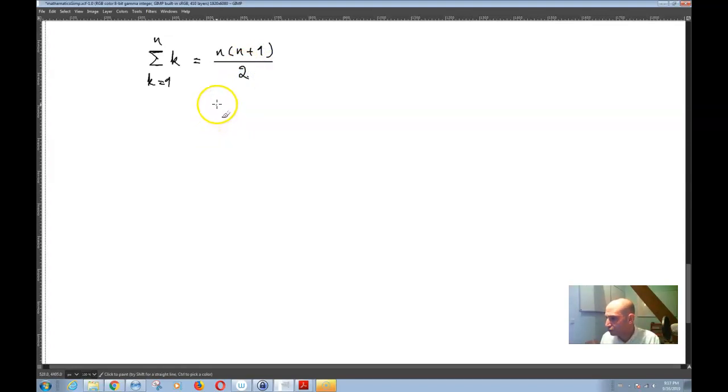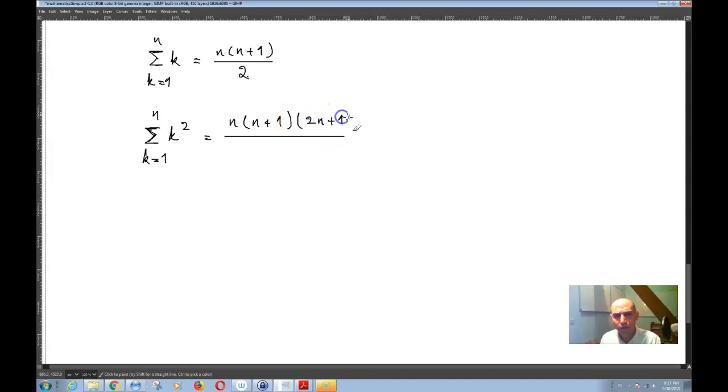Number 2, sigma k squared as k goes from 1 to n is equal to n times (n plus 1) times (2n plus 1) divided by 6.